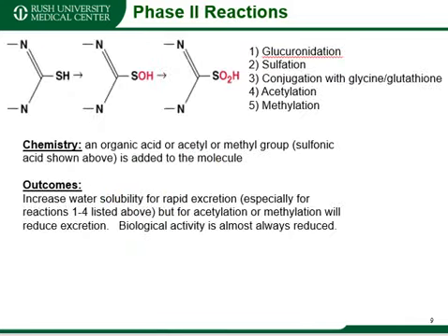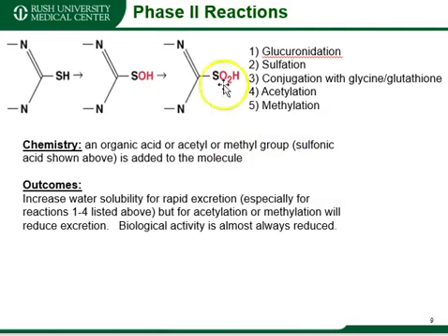All right. Phase two reactions are a little bit more involved: glucuronidation, sulfation, conjugation with a glycine molecule, acetylation, methylation. And so you can see a little bit more involved chemistry here. In terms of organic chemistry, you can see organic acids or methyl groups.